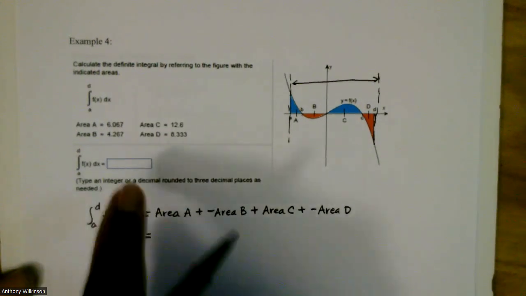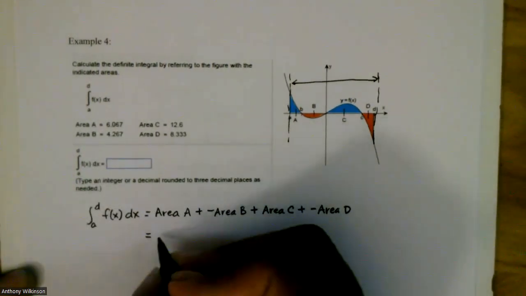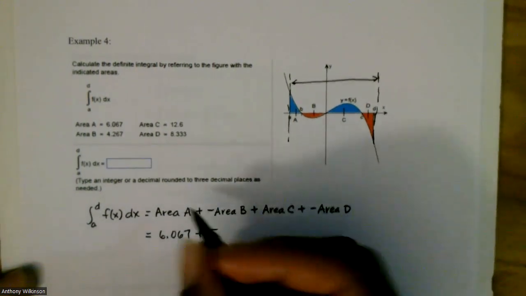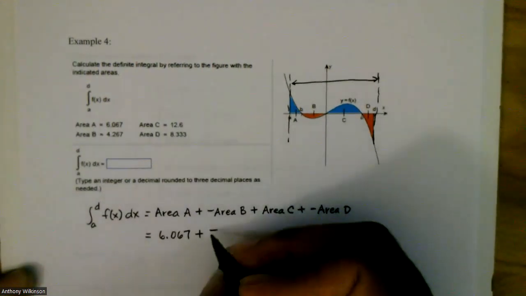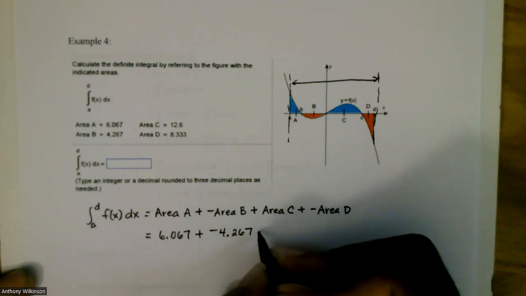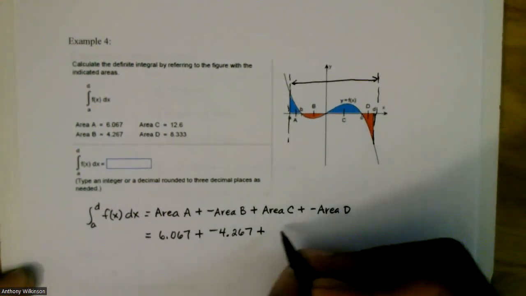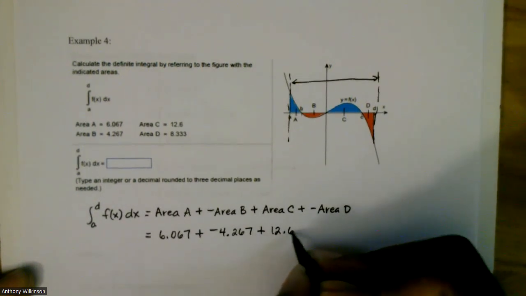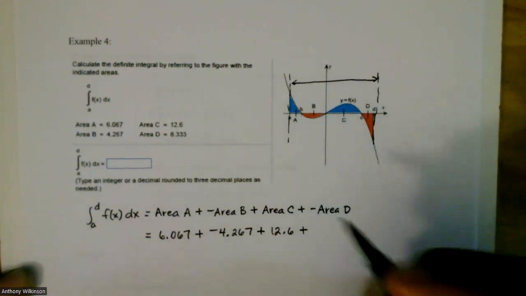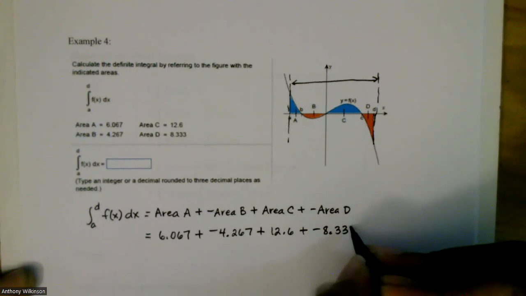All right, so area A is, in this case, 6.067. Plus the negative of area B, which is negative 4.267, since that area is below the x-axis. Area C is 12.6 and it's positive. Area D is below the x-axis, so that value has to be negative 8.333.